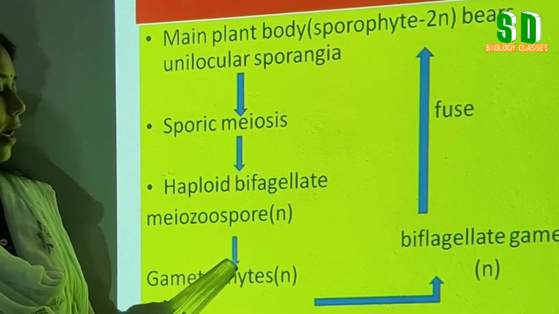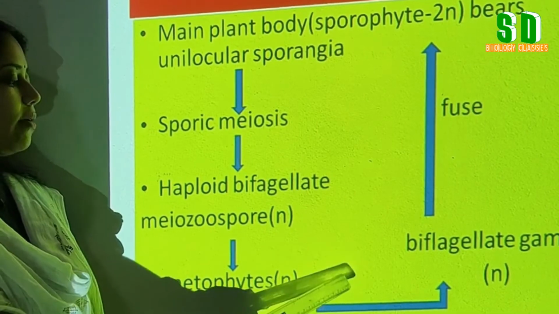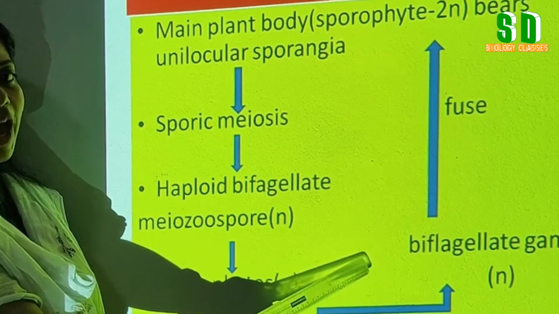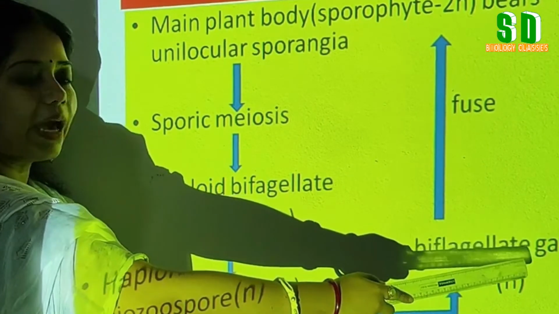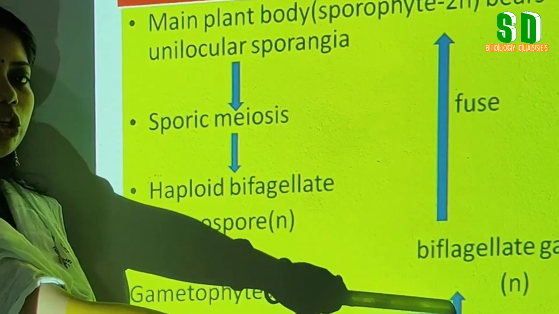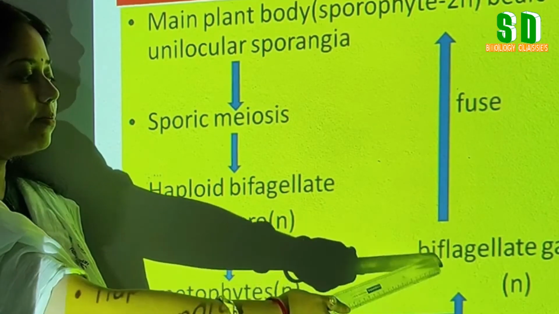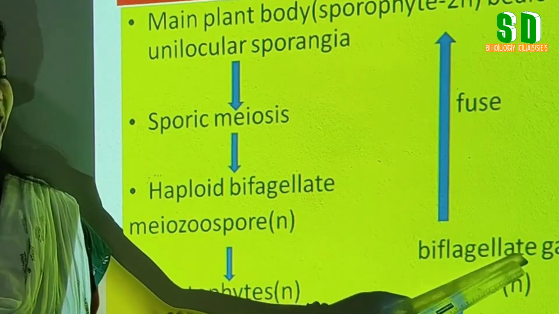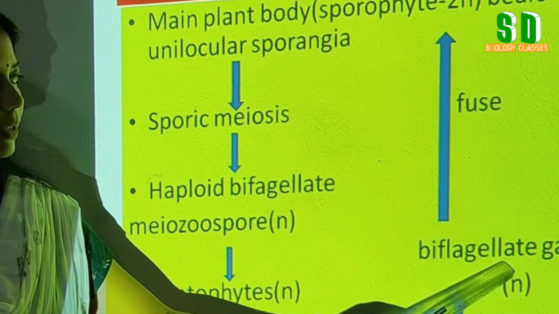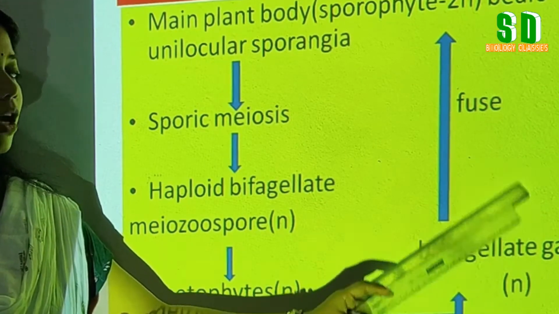Later on, the filament of the gametophytic thallus undergoes mitotic cell division. As a result, biflagellated gametes are formed, which are also n in number. That means the chromosomes present in these biflagellated gametes are haploid. Many biflagellated gametes are formed.